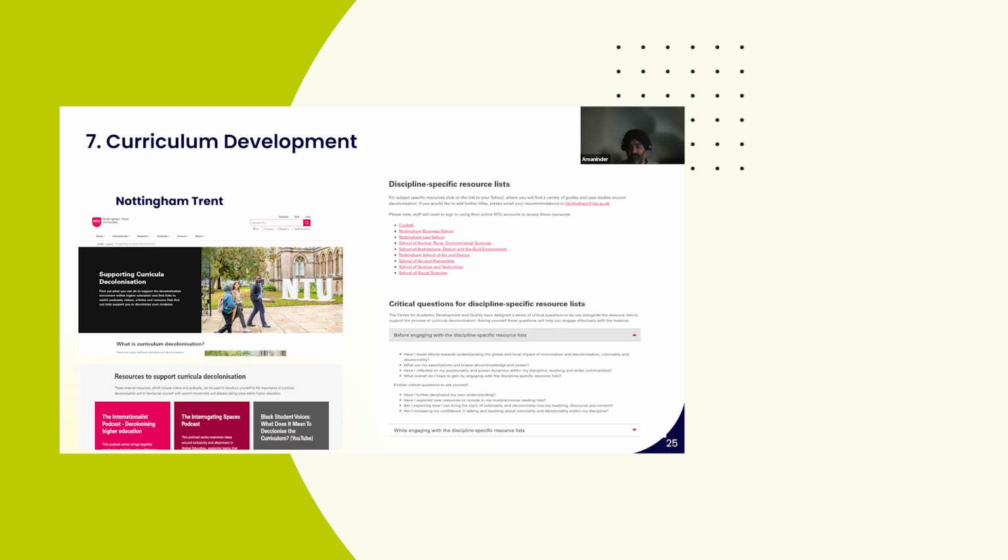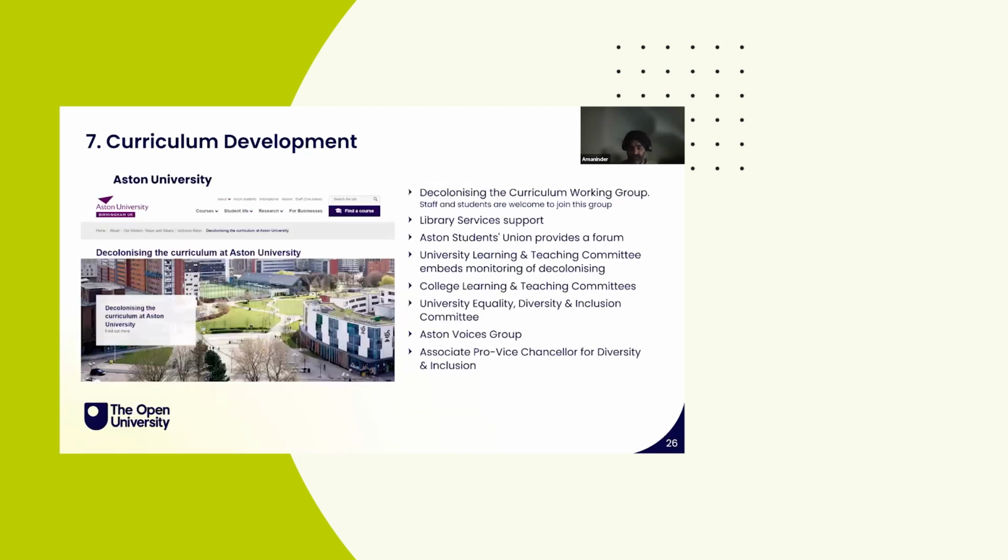There are also a set of critical questions for discipline areas to consider in parallel on the right-hand side. And also, in addition, there are links to external resources such as podcasts, which also look at decolonizing in this particular sector. So this is Nottingham Trent University, and they've got initiatives there as well on decolonizing. So if you could please move on to the next one.